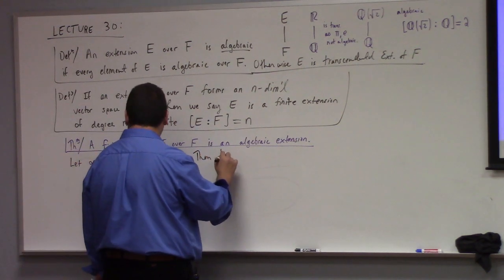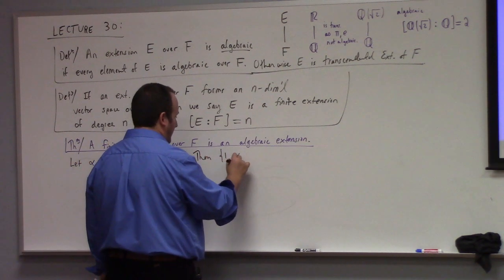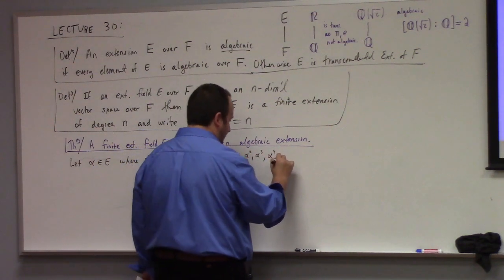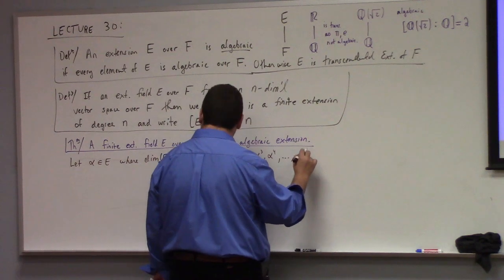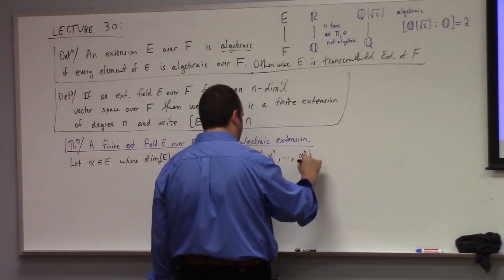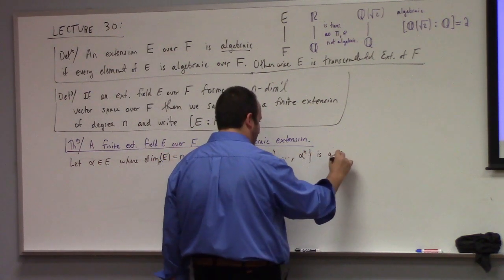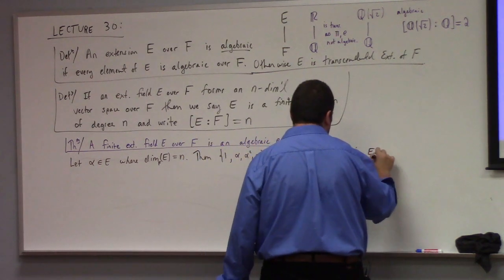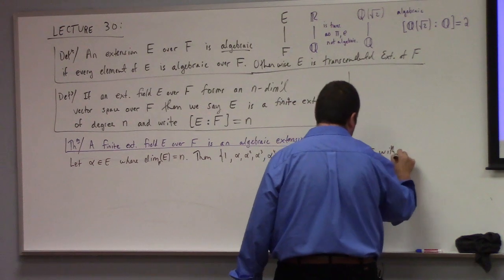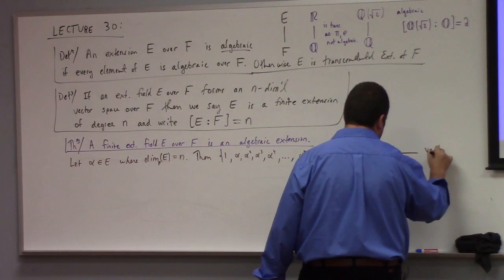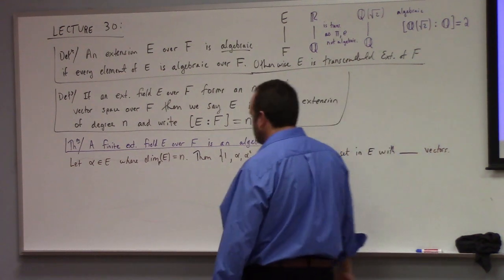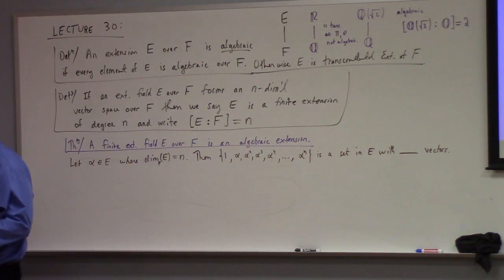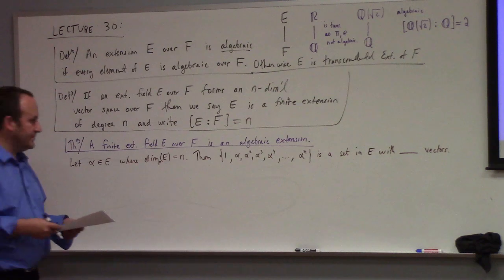You tell me what you can tell me about this: 1, alpha, alpha squared, alpha cubed, alpha to the 4th, up to alpha to the n is a set in E with how many vectors? Count them. n plus 1. So then what?